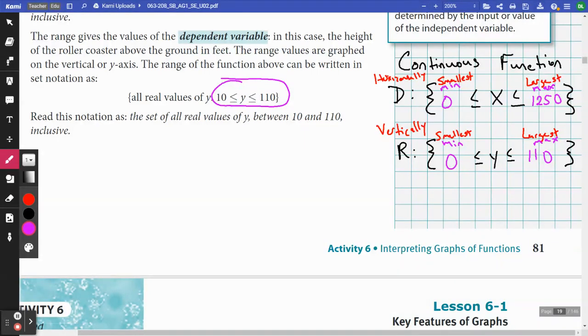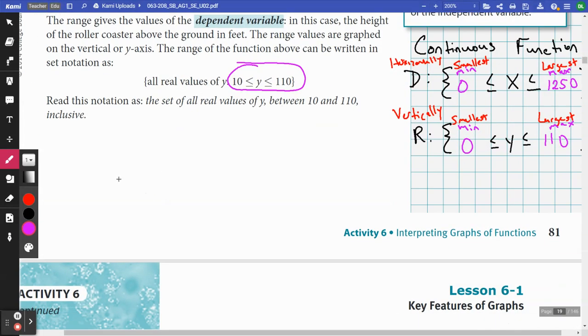Your age dictates your height. The amount of things you buy depends on the money that you have. How well you do in this class depends on the effort you put into it. That's how you understand independent and dependent.